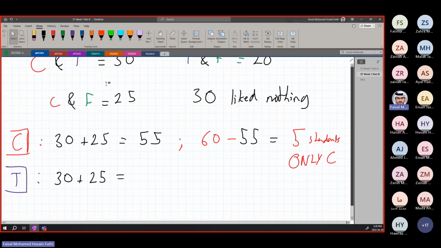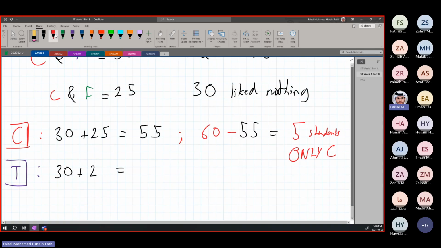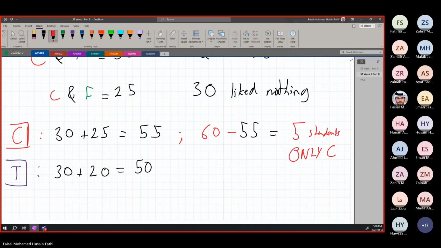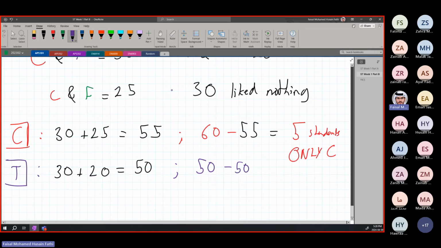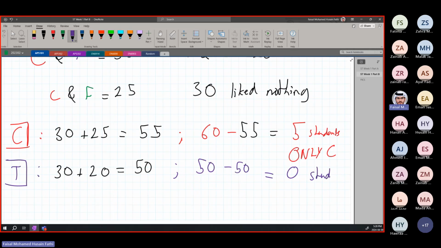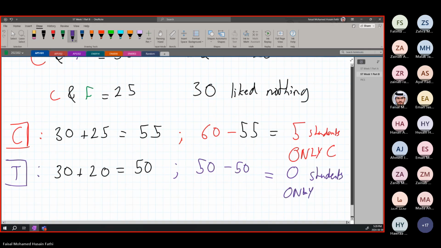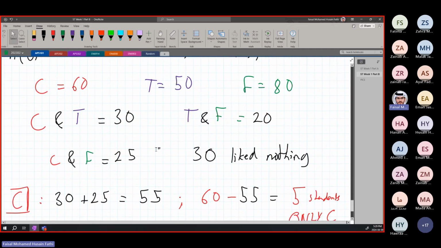This will be 30 plus, it's not 25, it's 20, sorry. So 30 plus 20 is 50. So how many only like tennis? We have 50 students that like tennis minus 50. So this is equal to 0 students that only like tennis. There is no student that only likes tennis. They have to like tennis and another sport.